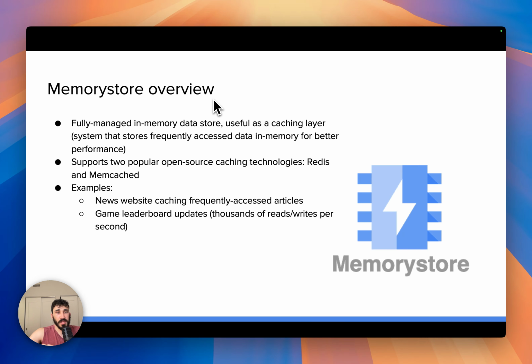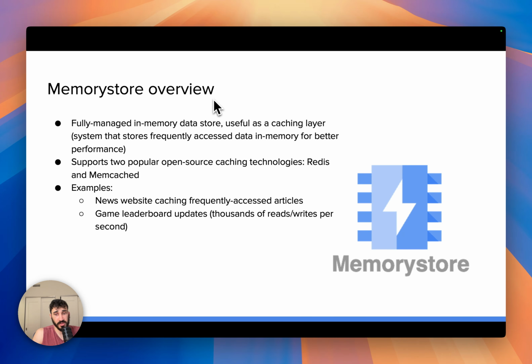Though. Memorystore is a fully managed in-memory data store. It's useful as a caching layer. So this is a system that stores frequently accessed data in memory for better performance. So very, very quick, like sub-millisecond reads. And it supports two popular open source caching technologies, Redis or Memcached.